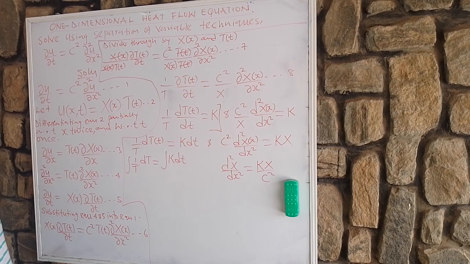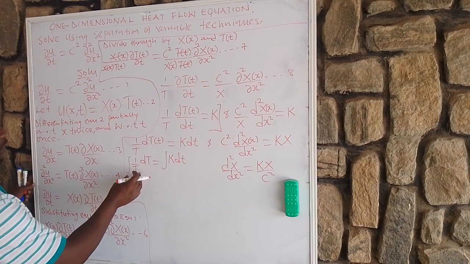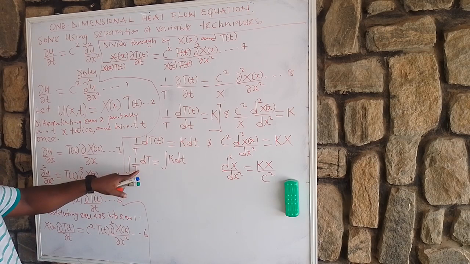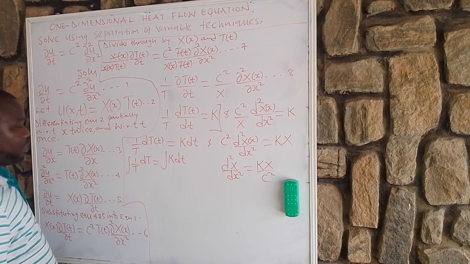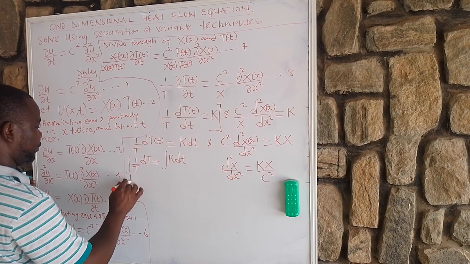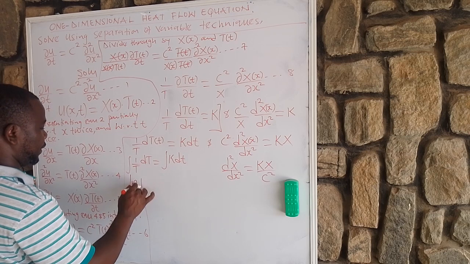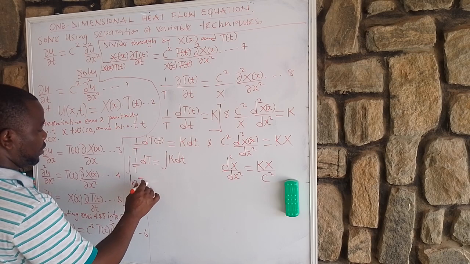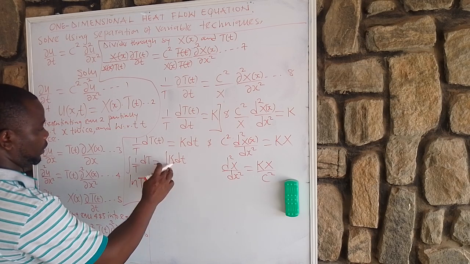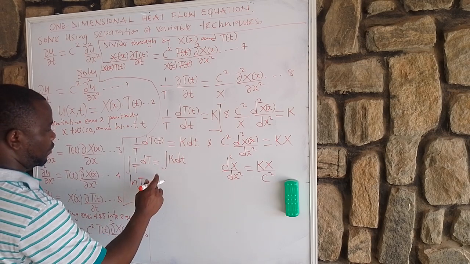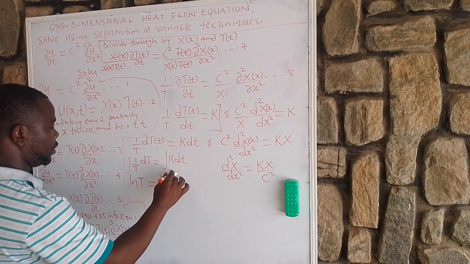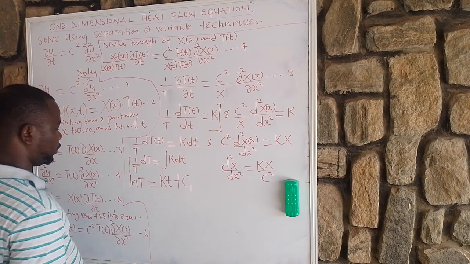So that if you come across something like this, you won't be confused. Okay, so if we integrate 1 all over T dt, we are going to have what? ln T, true or false? ln T will now be equal to, integrating this, kt plus c1.